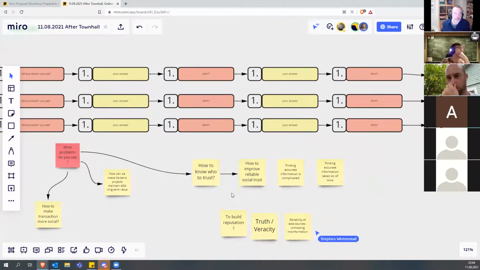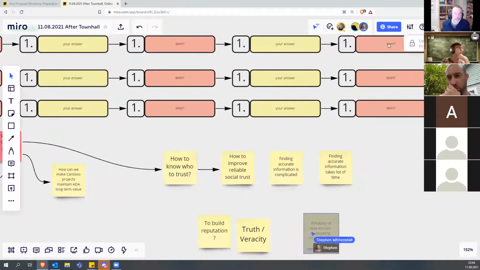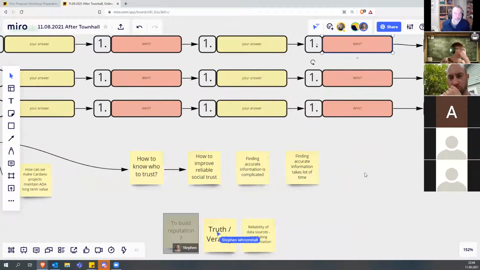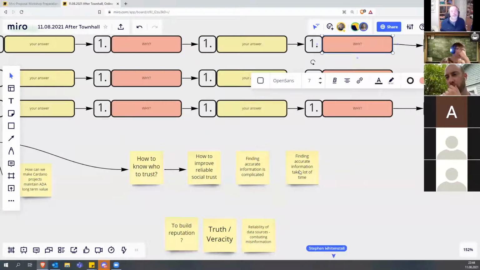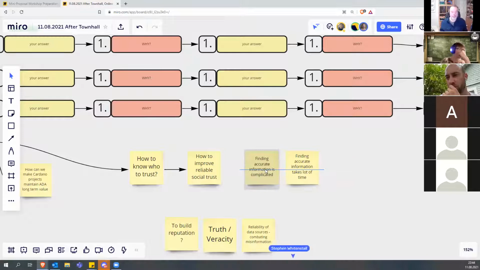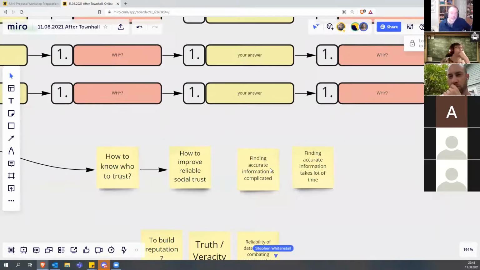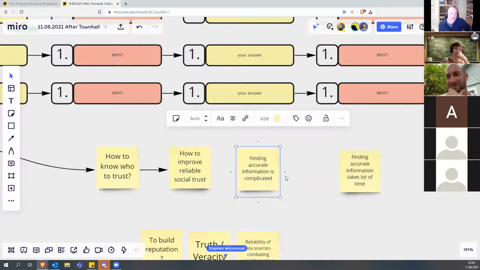Now, I actually do the why twice. But then I think we're going to get into a loop when we ask why finding accurate information is complicated. Could we answer that? Why is it complicated?